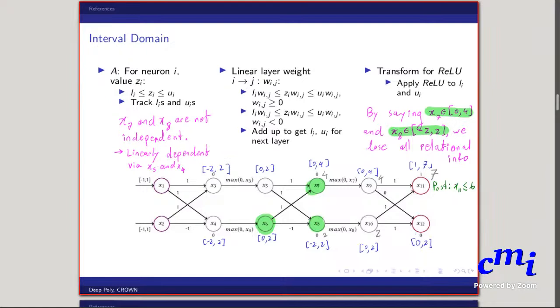In fact, they're linearly dependent on each other via x5, x4, x6, and so on. That information is being lost, and that crucial information is what the DeepPoly abstract domain tries to bring back to a certain extent, and that is how they try to get a better abstract domain. So that is the motivation behind the DeepPoly abstract domain.